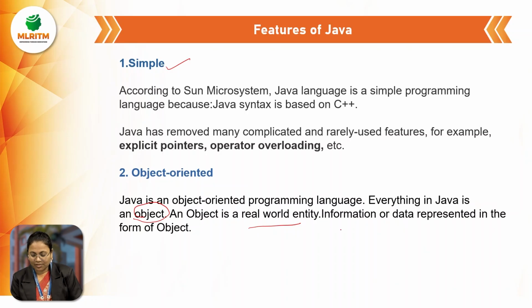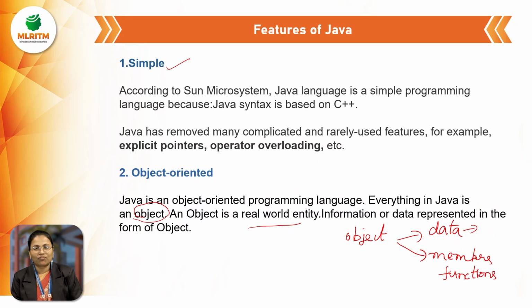This object has two things: one is data, the other is members. Data is nothing but the variables we declare. Members are nothing but functions. So this object will combine both data and functions together as a single unit inside the class, right?